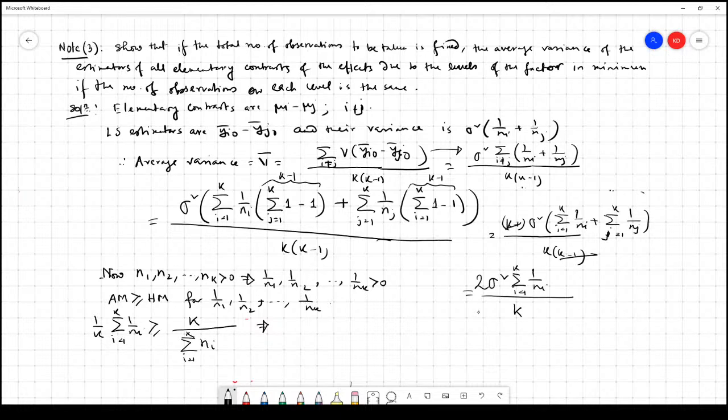So if you use this here, you get this is greater than equal to 2 sigma square k into sum over i from 1 to k of ni. Okay.